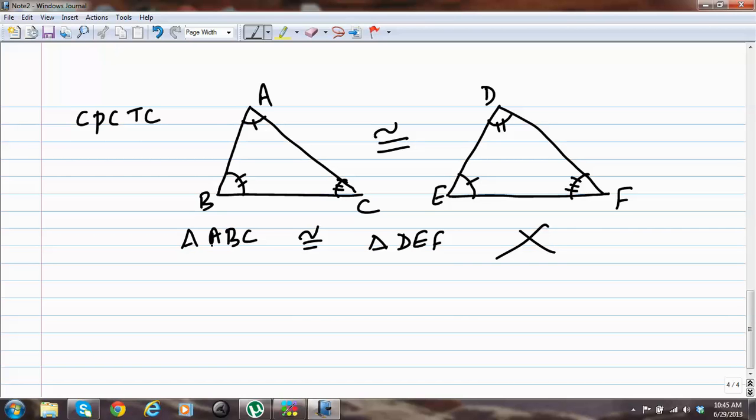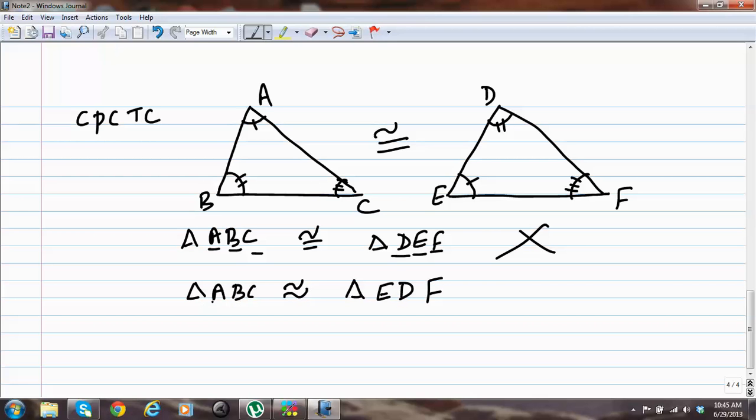Because A does not correspond to D here, and B does not correspond to E here, and C does not correspond to F here. So we need to write triangle ABC as triangle A corresponds to E, so triangle E, B corresponds to D, D and C corresponds to F, so E, D, F.